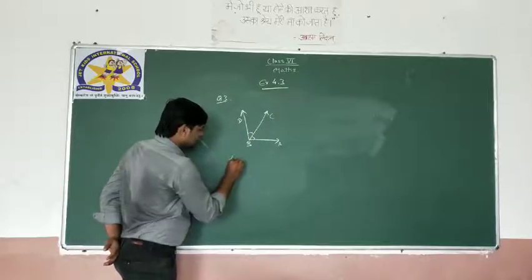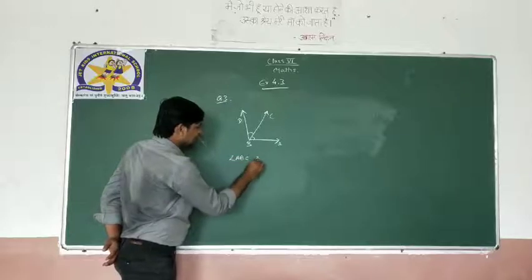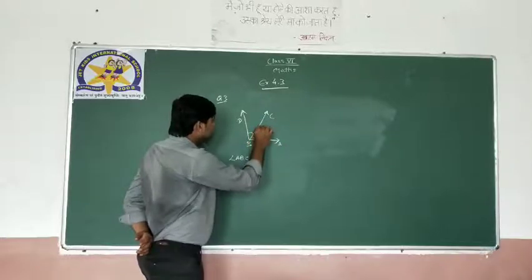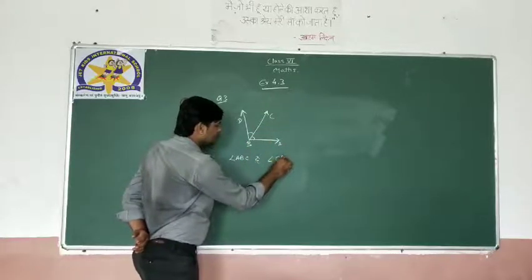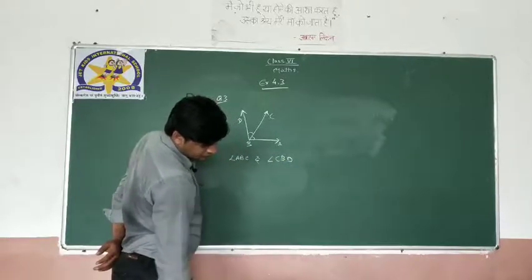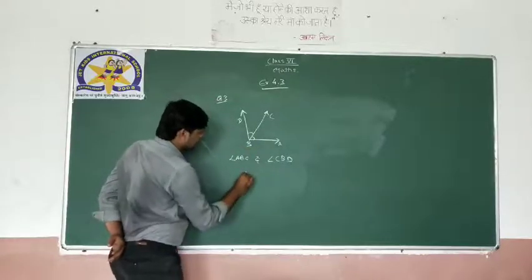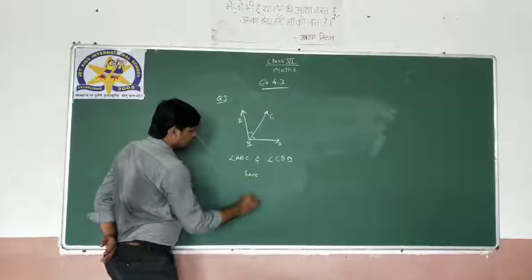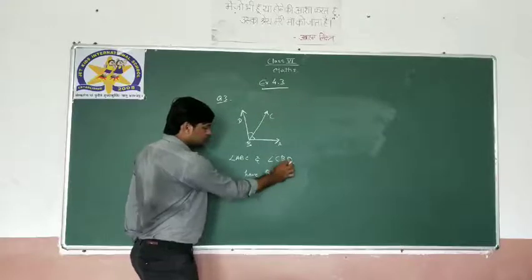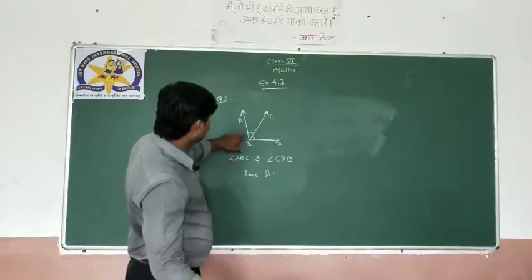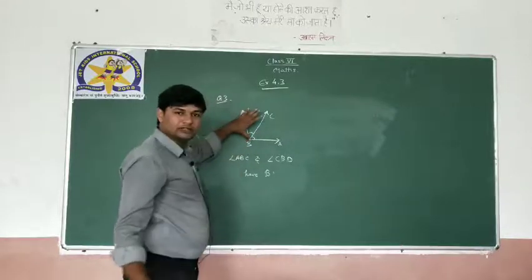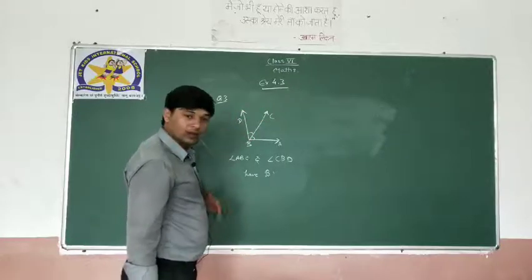Okay, so angle ABC and angle CBD have B in common. Okay, so they have one point in common, right? Or we can say 2 points also there. Okay, 2 points are also there. So I will change the diagram.